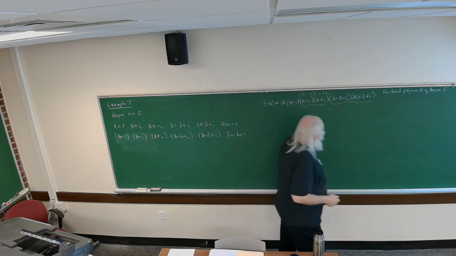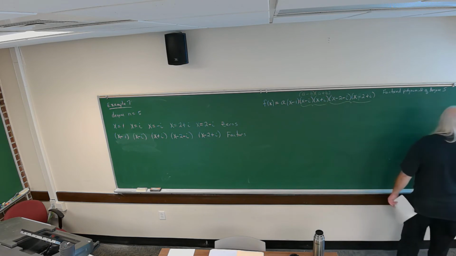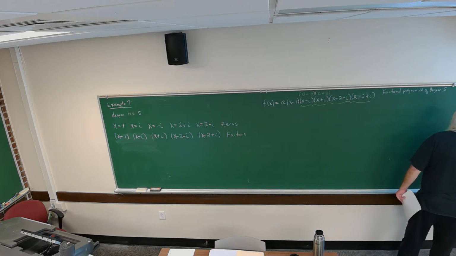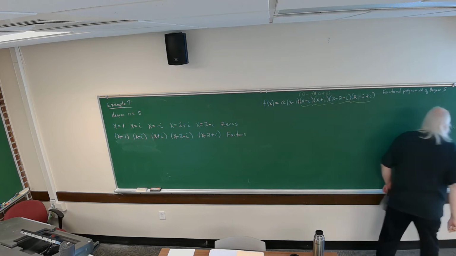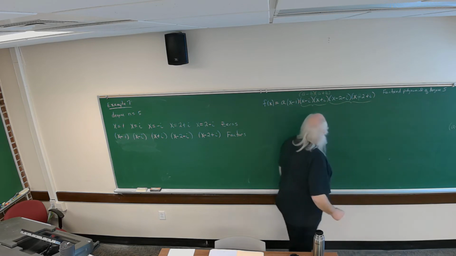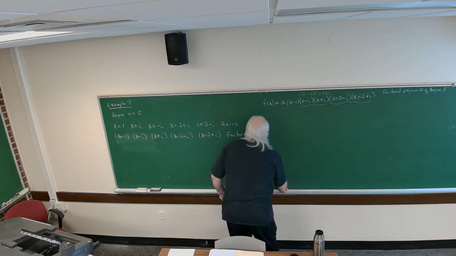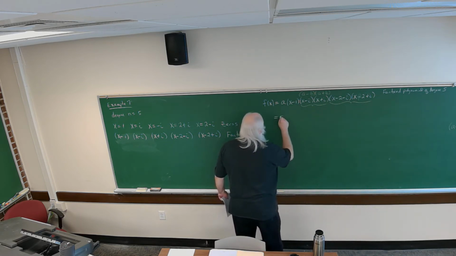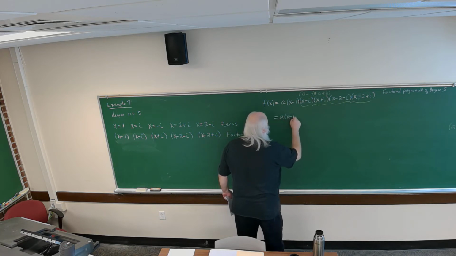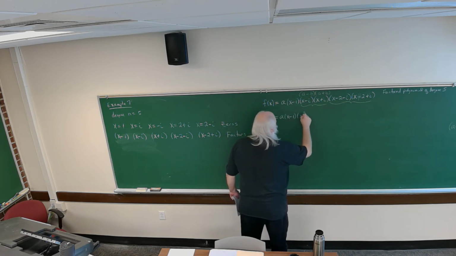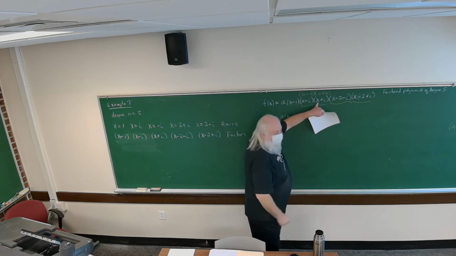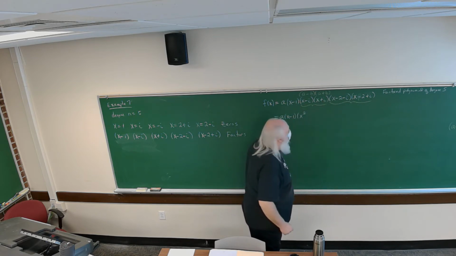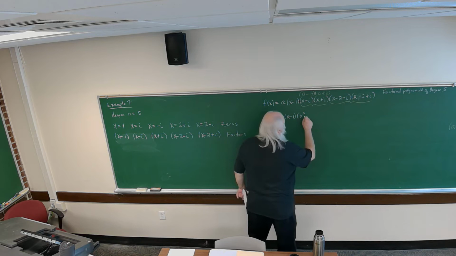And a minus b times a plus b is equal to what? a squared minus b squared, right? Difference of squares. So a is equal to x in this case, and b is equal to i. So this is equal to x squared minus i squared.